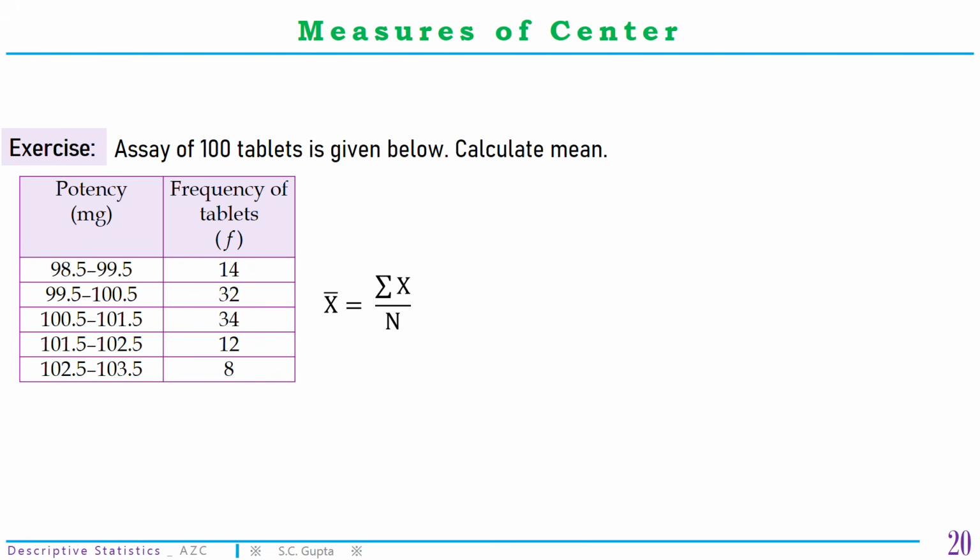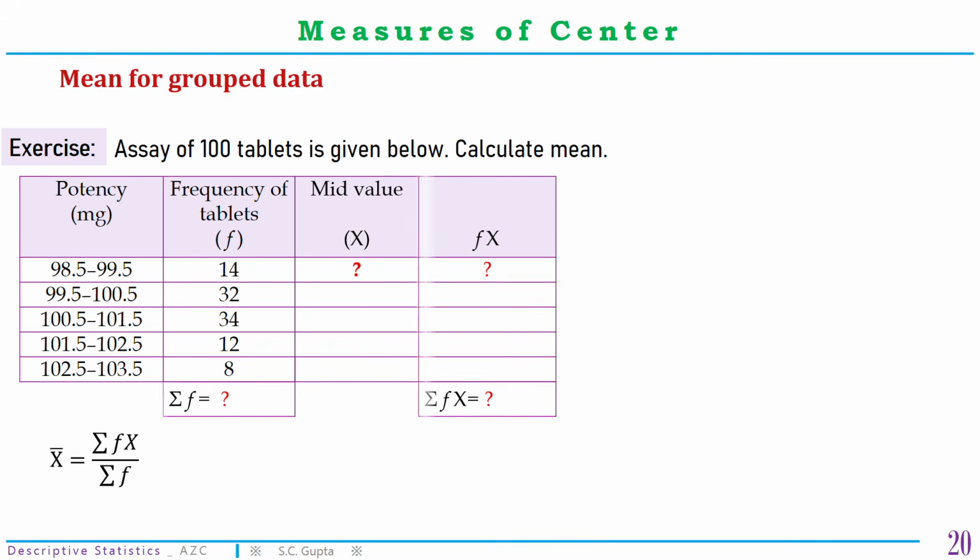Exercise containing a dataset with a frequency distribution. Assay of 100 tablets is given below. Calculate mean. Potency of the tablet is distributed in 5 classes. So, we need to use the equation of the mean for grouped data.